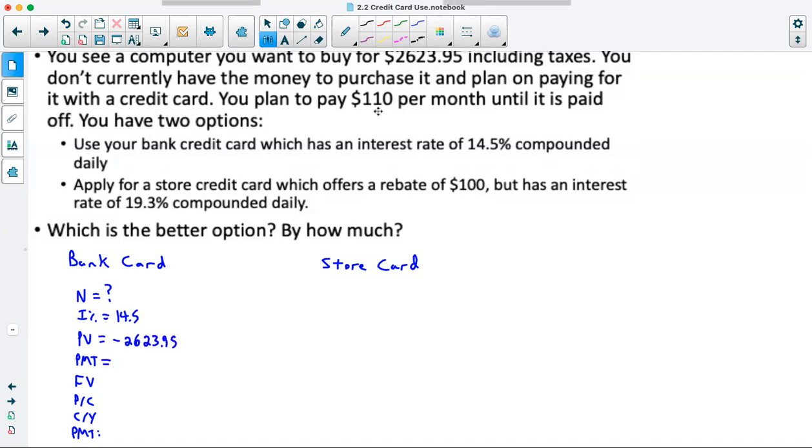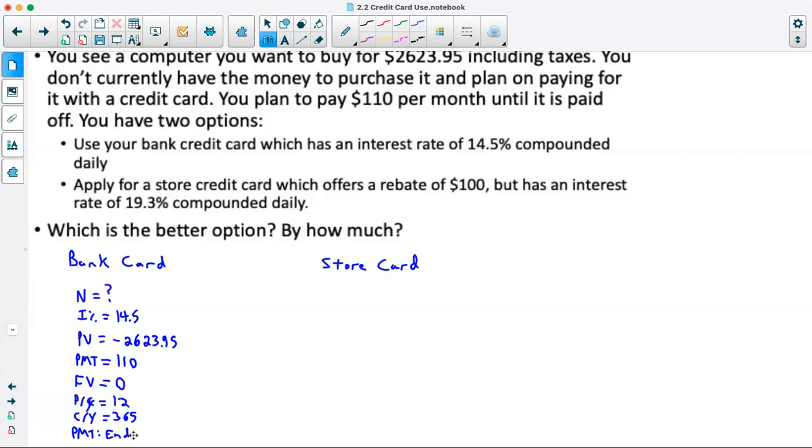Our payments, we plan on paying $110 a month. We have a future value of 0 because we plan on paying it off. Our payments per year is 12 because it's monthly. Our compounding periods per year is 365. And we've got payment at the end.